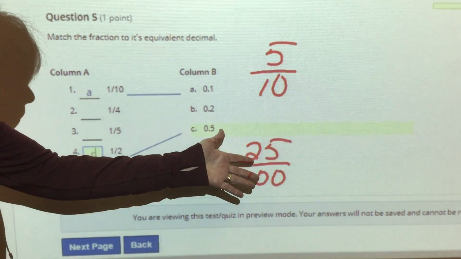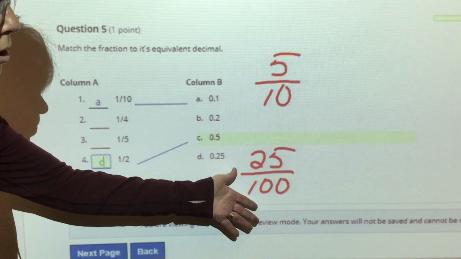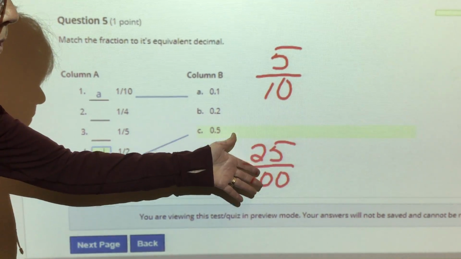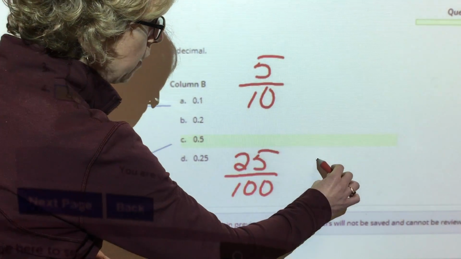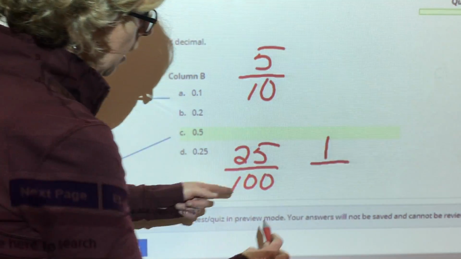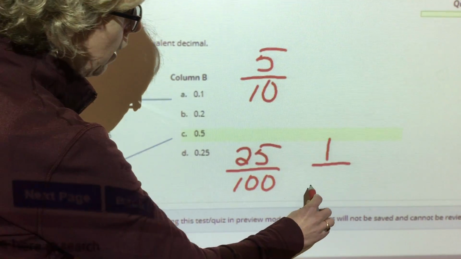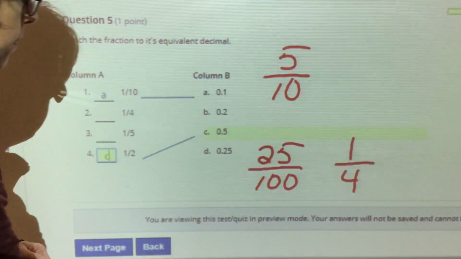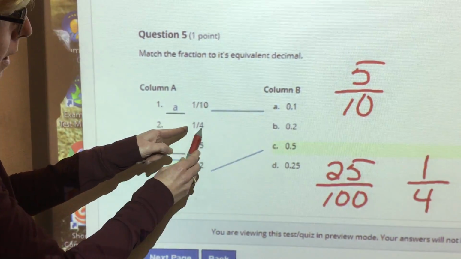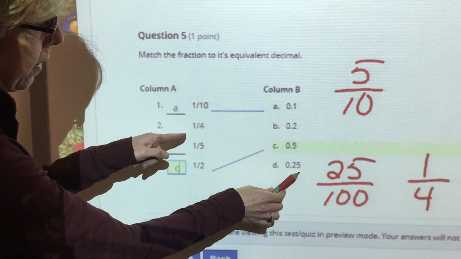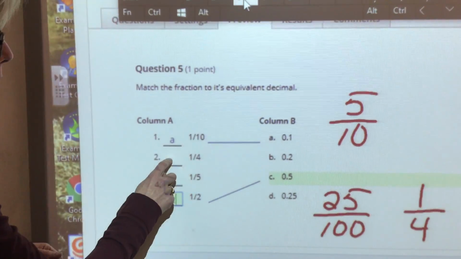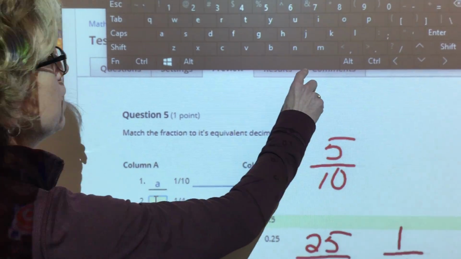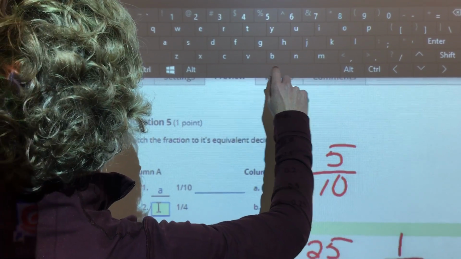If your numerator goes into your denominator, the greatest common factor is that number. So I'm going to divide 25 by 25, and I would get 1, and 100 divided by 25, and I would get 4. So again, I am going to say that 25/100 is equivalent to the fraction 1/4. I'm going to come up here and put D wherever that is.